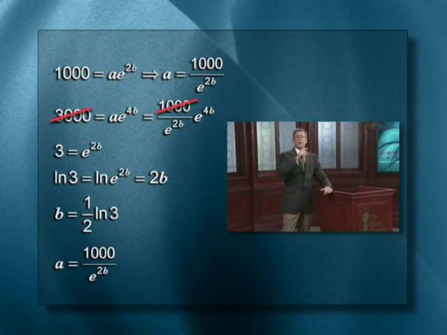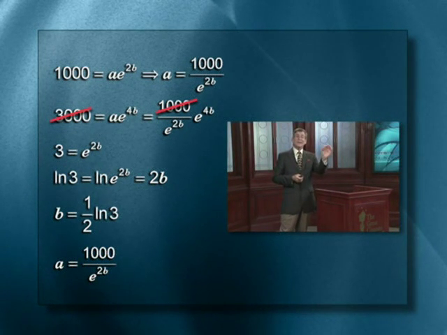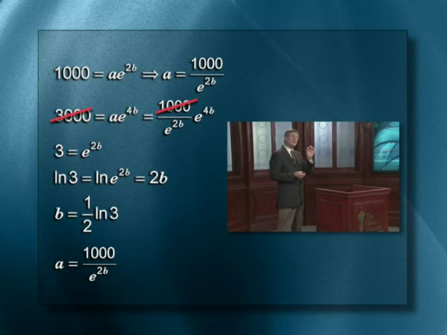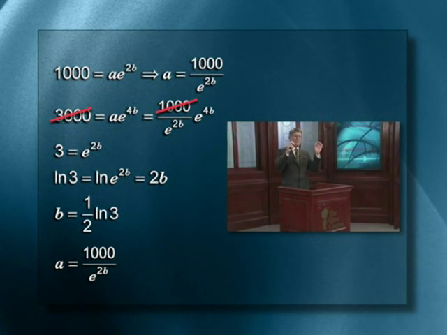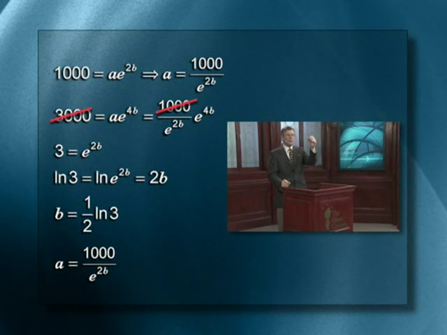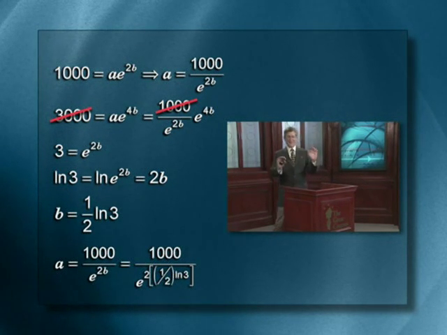Well, go back to the equation for a as 1,000 over e to the 2b and plug in this value of b. It looks a little messy, but some nice cancellations will occur. a equals 1,000 divided by e to the 2b, and instead of b, I put 1/2 log 3. Don't panic. It's not so bad.